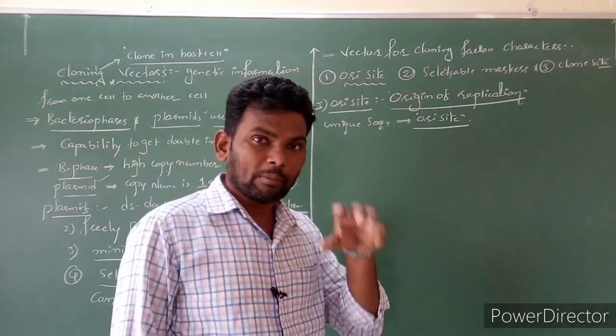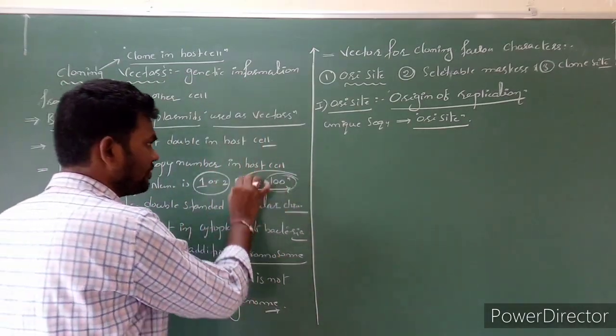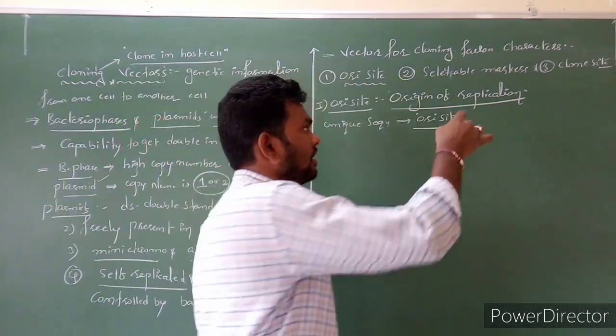The replication number, meaning whether the plasmid produces 2 copies or 50 to 100 copies, depends upon the ORI site.